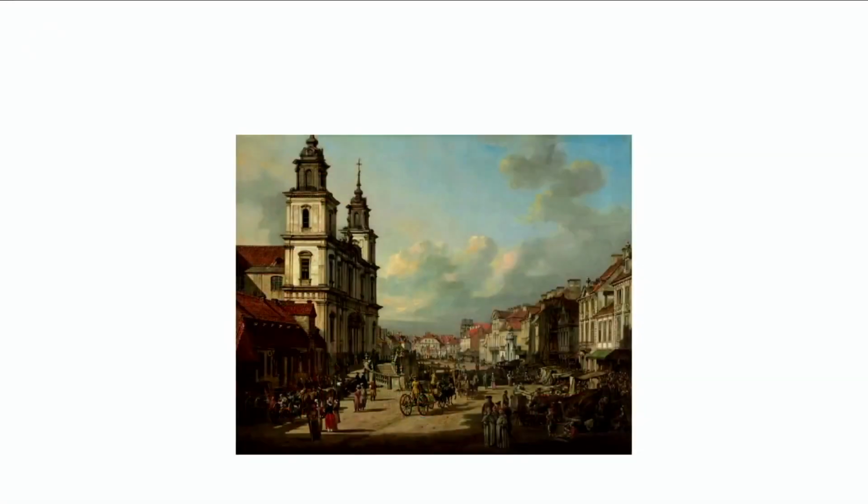Here you see some more, and there's a whole series of paintings and these paintings allow you to reimagine the beauty and also the fine-grained urban tissue of Warsaw, even if you're standing in the middle of this field of rubble.